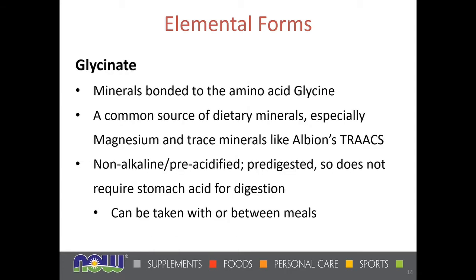Glycinate is bonded to a different acid, an amino acid, the amino acid glycine. It is very common as a source of dietary minerals. Magnesium glycinate is one of the more popular, and it's often in the form of bisglycinate, which simply means there's 2 glycine molecules for 1 magnesium molecule in that compound.